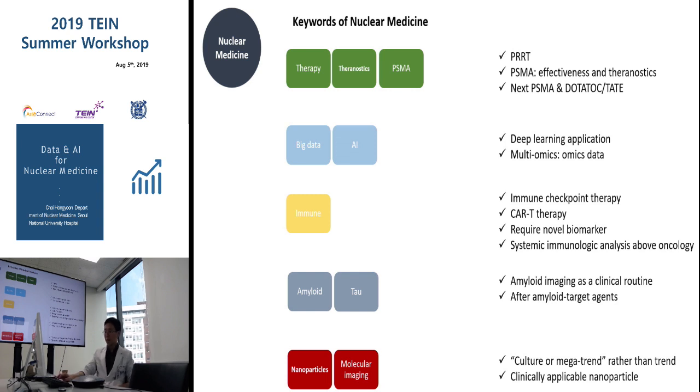And an emerging target of neurodegenerative disorders, particularly Alzheimer's disease, is tau protein, because several types of immunotherapy for Alzheimer's dementia, which target the amyloid aggregation, failed. So next targets have been developed as translational research, and one of the leading targets is tau protein.